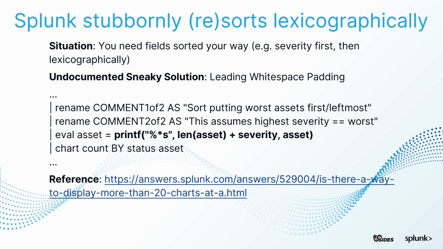And this was the easiest way for us to get around that limitation and have them sorted by severity, which is very important because you want to see, especially when things are paginated, all of those critical things first.